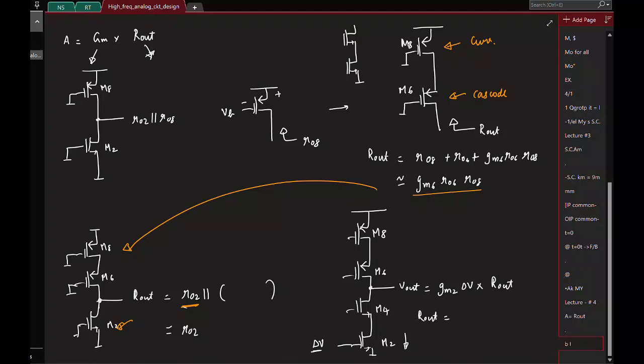We have an NMOS cascode looking down and a PMOS cascode looking up. It will be the parallel resistance of these two cascodes. The impedance of the NMOS cascode is roughly GM4 R04 times R02, in parallel with GM6 R06 times R08.